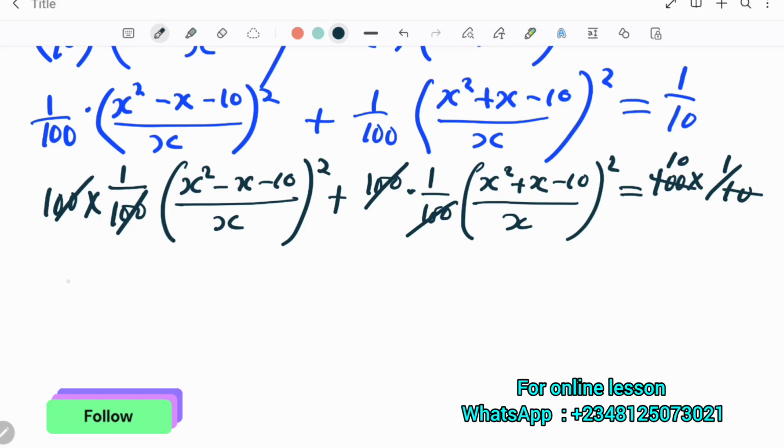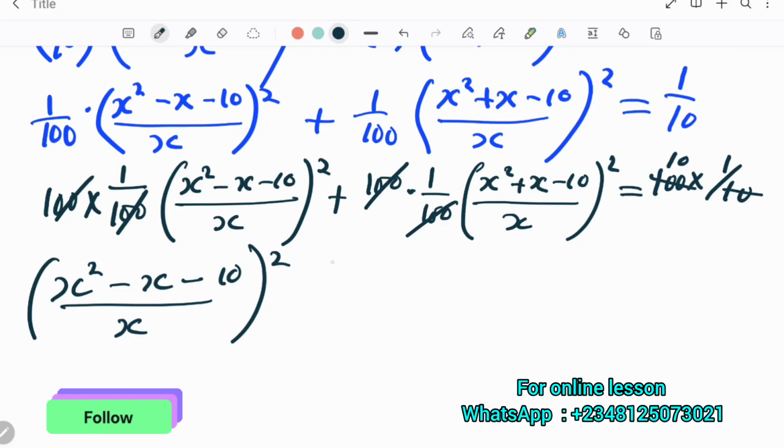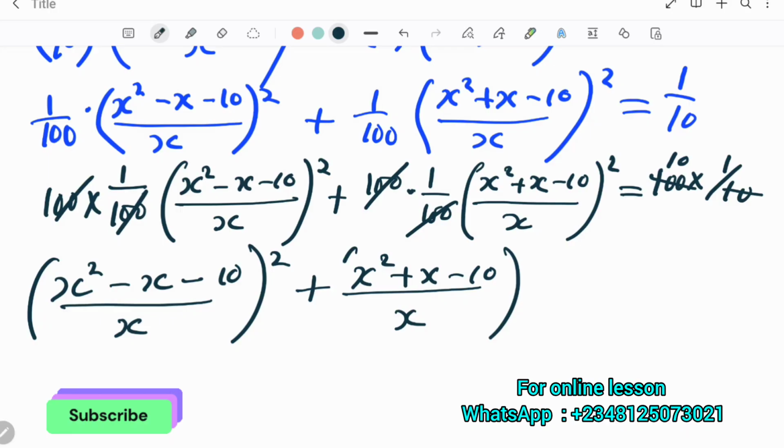Now we are left on the left hand side with ((x² − x − 10)/x)² plus ((x² + x − 10)/x)² equal to 10.